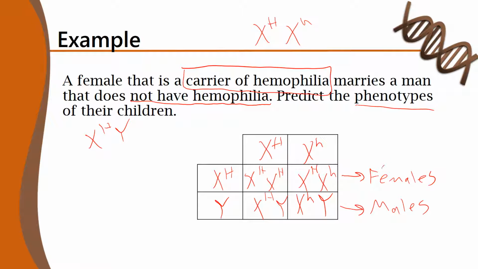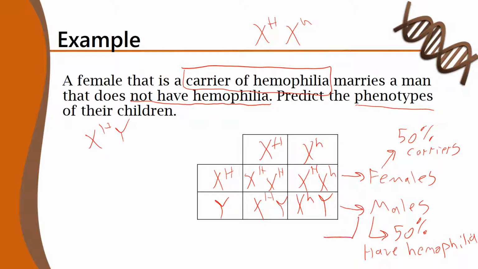So we should find that out of females, 50% are carriers. In the males, we find that 50% have hemophilia, and 50% of males are normal.